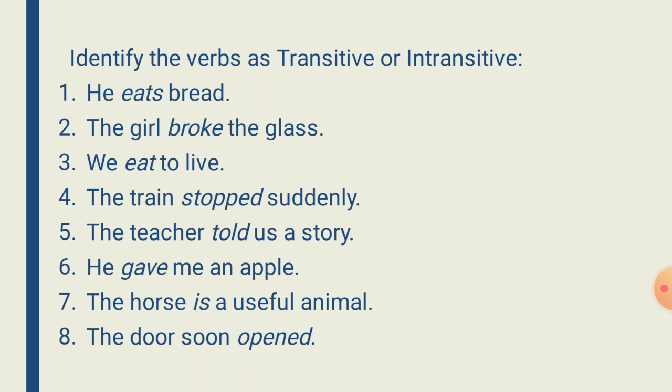Stopped is intransitive. The teacher told us a story. Told is transitive because it takes an object. He gave me an apple. Gave is transitive. In the seventh sentence, is is intransitive. The door soon opened. The verb is opened. It is intransitive because there is no object.